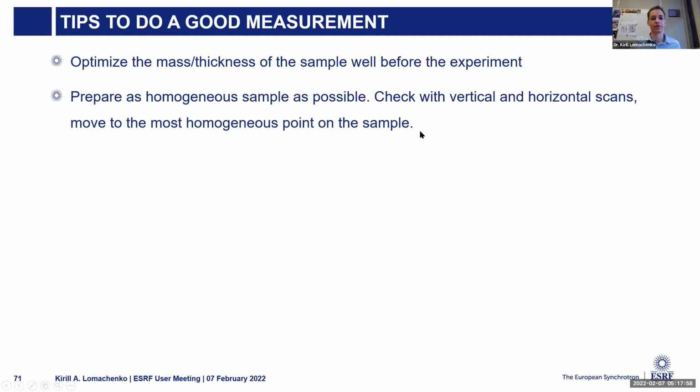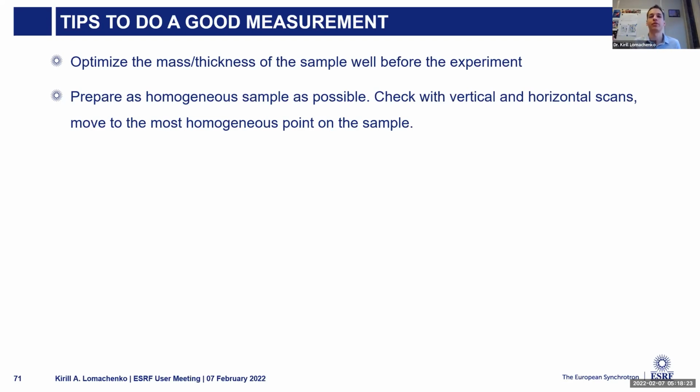So, and also there is another consequence: when you're doing in situ measurement with some process that may cause the shift of the sample, you should do your best to avoid it. It can be, for example, when you heat the sample in a cell, the cell may expand.